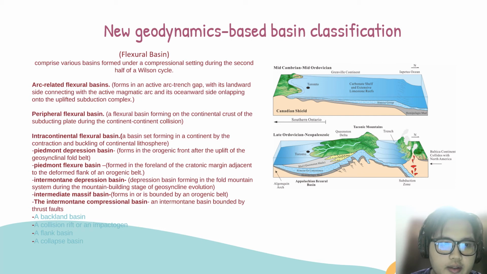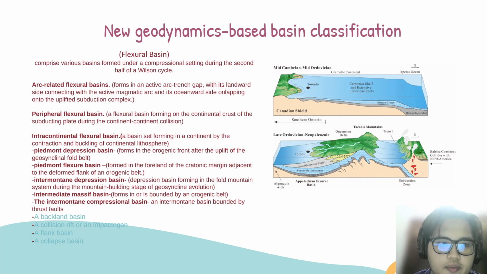The second one is the peripheral flexural basin, a flexural basin forming on the continental crust of the subducting plate during the continent-continent collision. And then the intracontinental flexural basin, a basin forming in a continent by the contraction and buckling of the continental lithosphere.